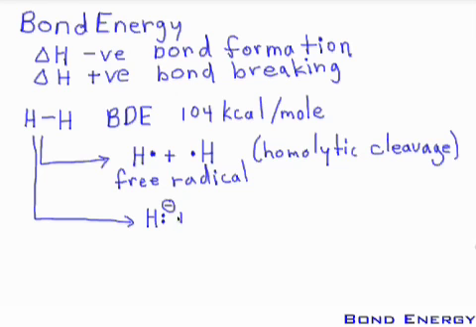The other hydrogen would have lost its electron, so it would just consist of a proton, which is positively charged. It would have generated ions. And this is referred to as heterolytic cleavage.